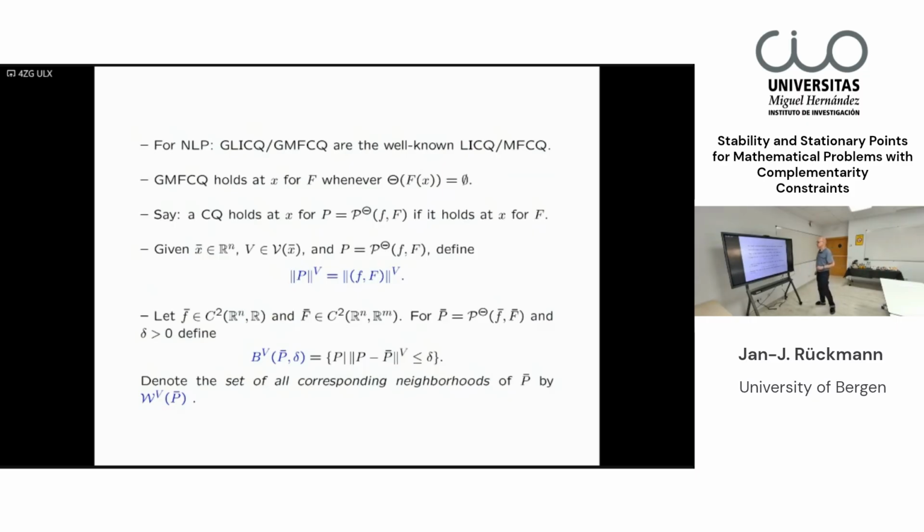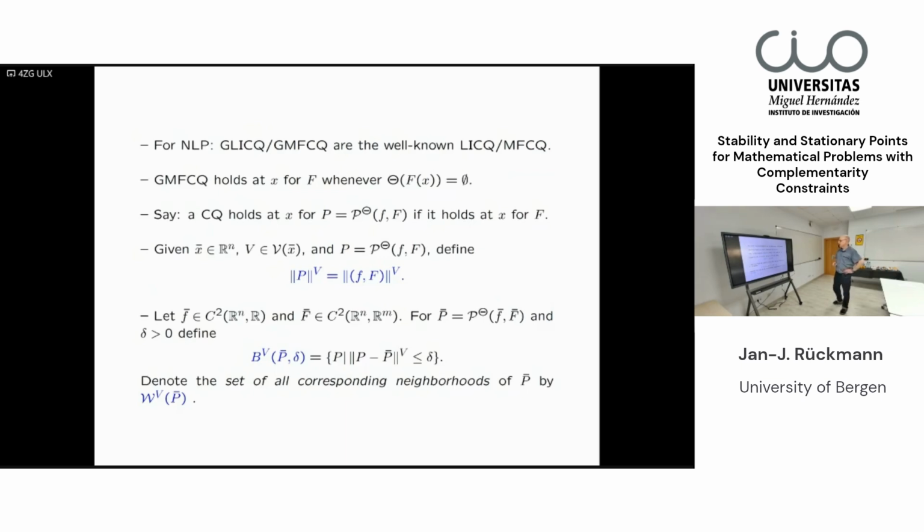And we also can define the GMFCQ for any point. That means the cone-valued mapping is empty when we are in a point which is not feasible. So we do not care whether it is a feasible point or not. We can always go with GLICQ or GMFCQ.